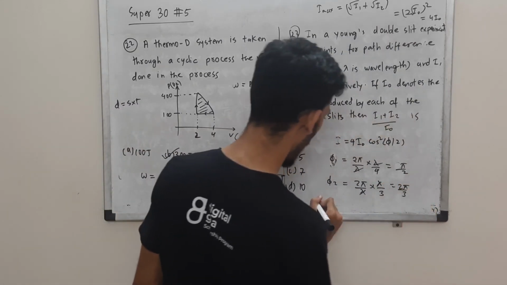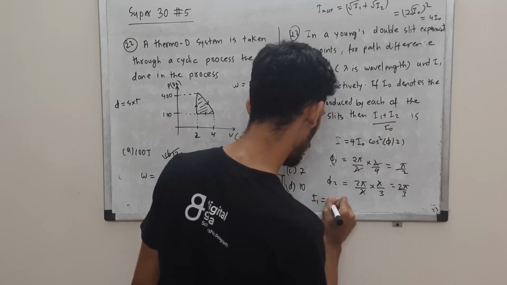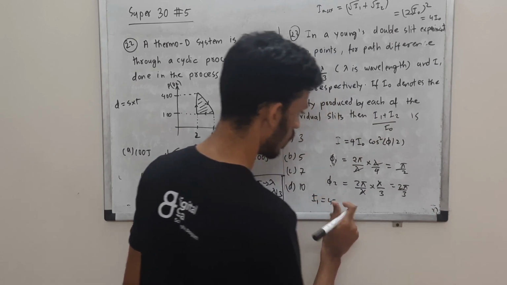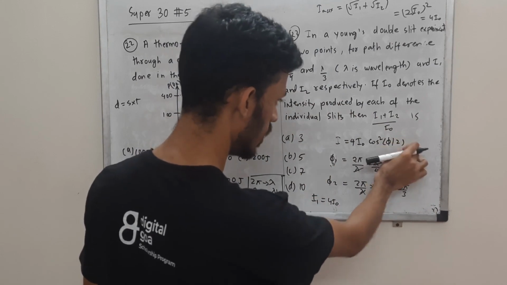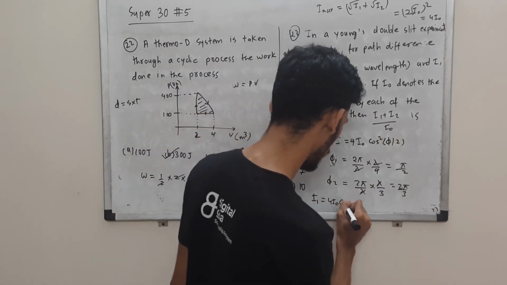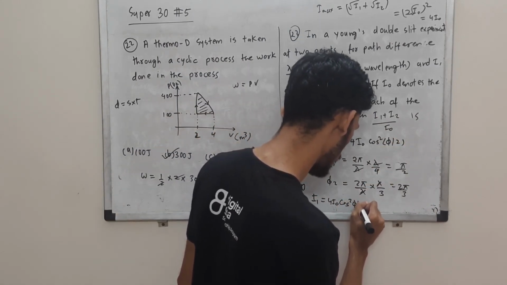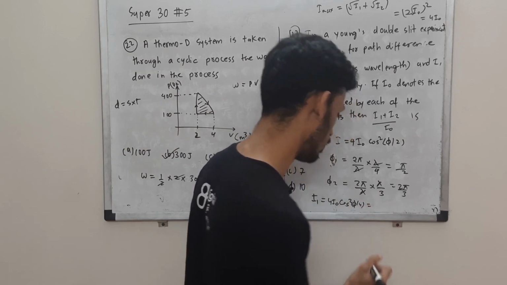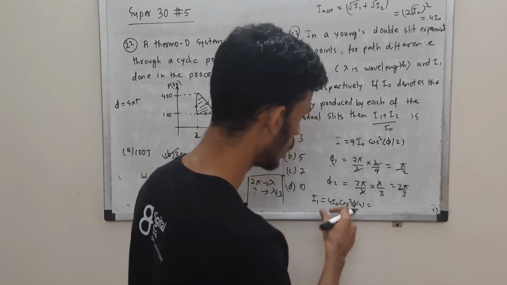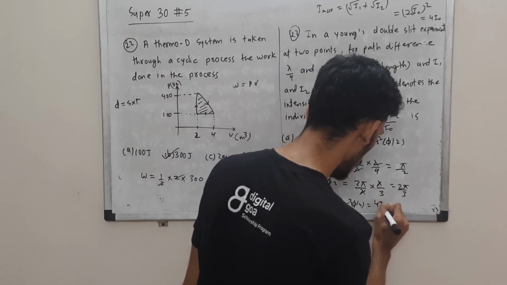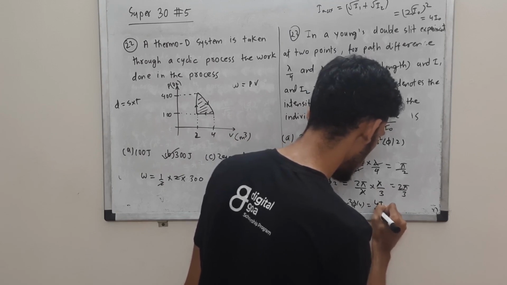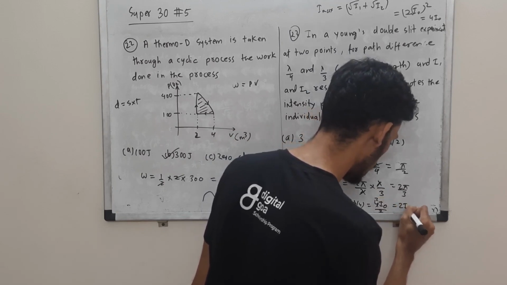Now we can find I1. I1 will be 4 I0 cos square of pi by 2 divided by 2, so cos square pi by 4, which is 1 by root 2 squared, which is 1 by 2. So this and this cancel, you get 2 I0.